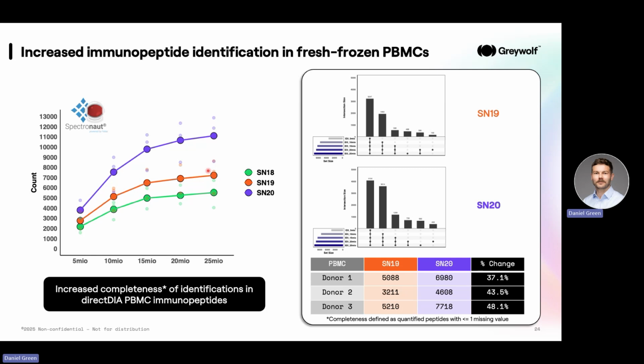And again, to show consistency with what we observed preclinically, these peptide IDs are not just spuriously identified, they're also quantitatively complete. So looking at these two upset plots between Spectronaut 19 and Spectronaut 20, we can see that this first bar here is all of the 4,000 peptides in this sample that had quantitative values across each of the titrations of cell amounts.